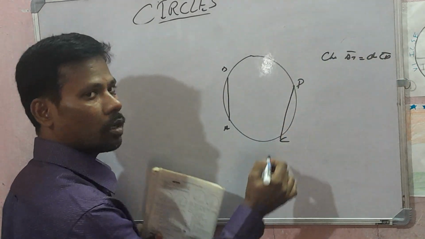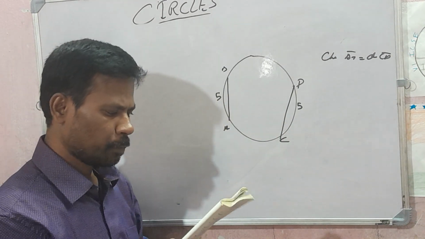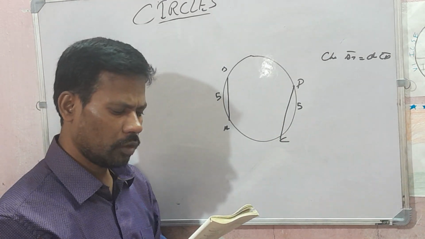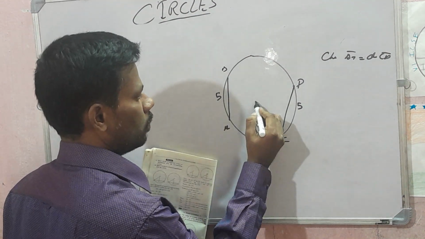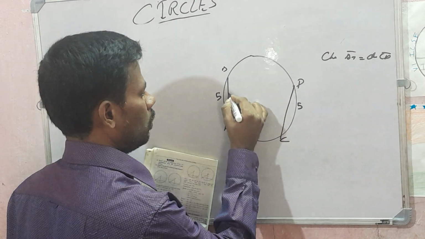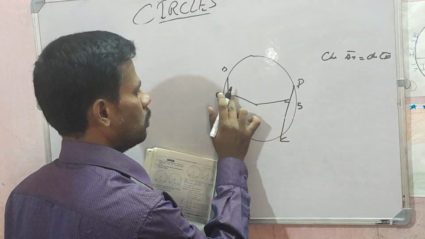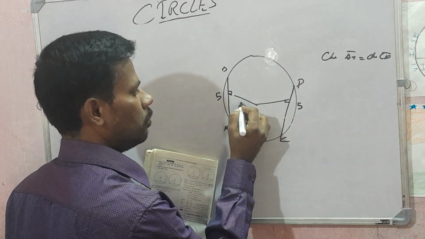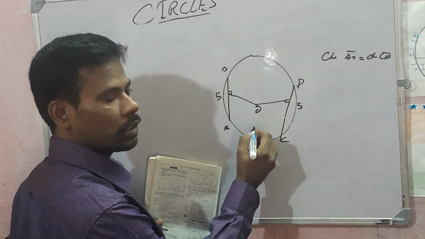That means these 2 chords are same. That means this is 5, this is also 5, right? Equal chords are equidistant from the center. That means, equal chords are equidistant from the center, suppose O is the center.